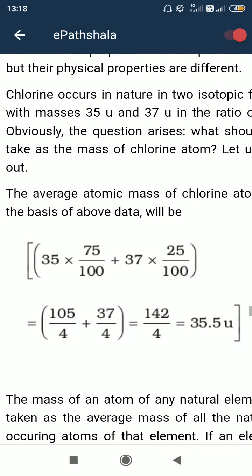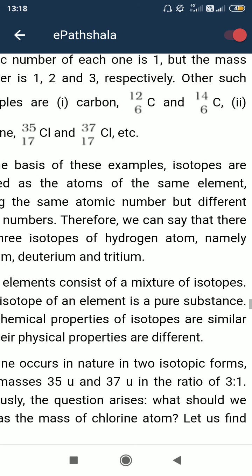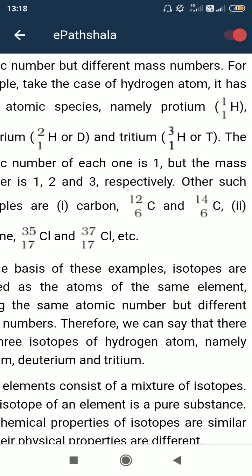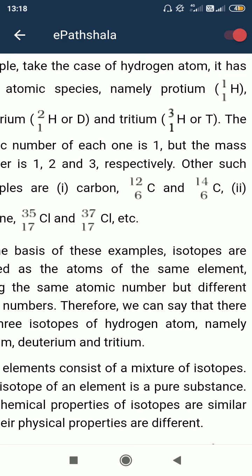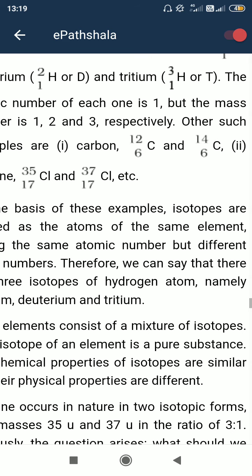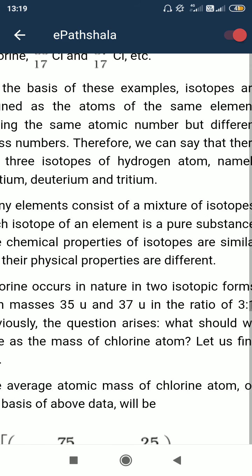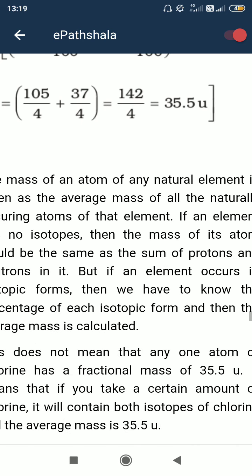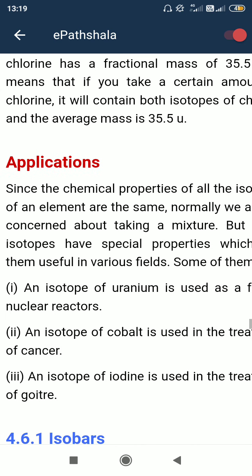Like 6C12, 6C13 and 6C14, but 6C12 is the normal carbon which is present mostly in the air, mostly available, but 6C14 is very less available, and it is radioactive. It can radiate alpha, beta, gamma rays. So 6C14 is radioactive. So some characteristic feature is changing with the isotopes.